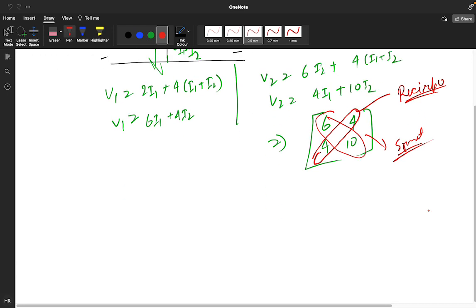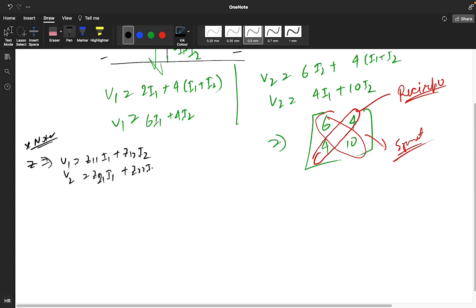I am giving you a crux view for a two-port network. Just remember this particular thing, write it in your notes. For the Z parameter, the equations are V1 is equal to Z11 I1 plus Z12 I2, and V2 is equal to Z21 I1 plus Z22 I2.